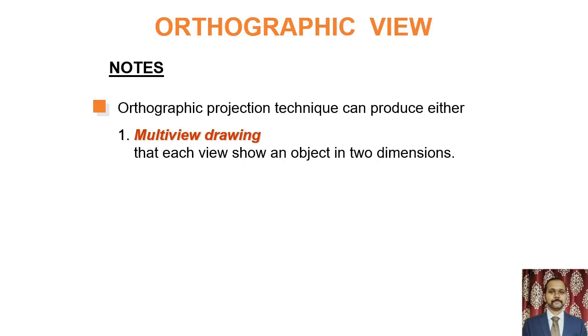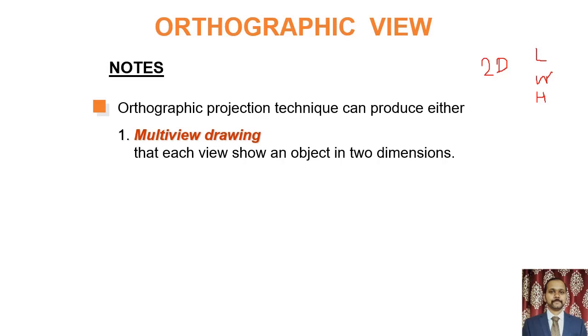What is 2D? When we see 2D, there are two dimensions we consider. There are three types of basic dimension: first is length, then width, and then height. So these are the three basic dimensions.